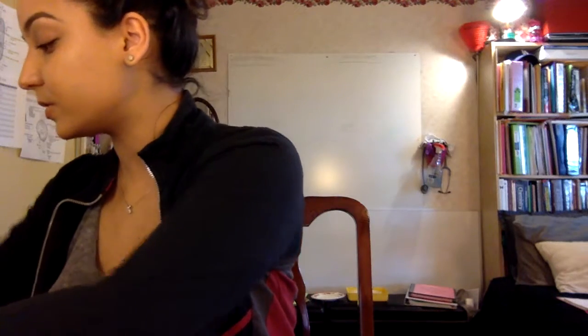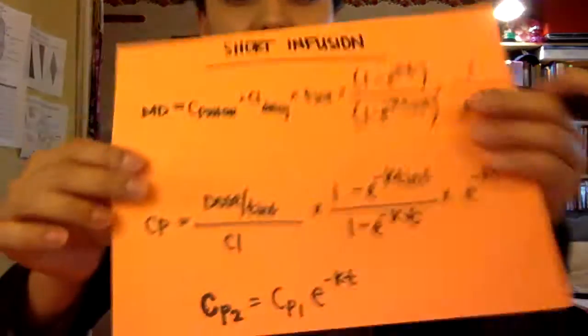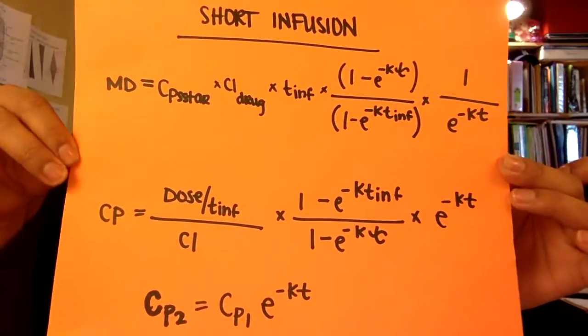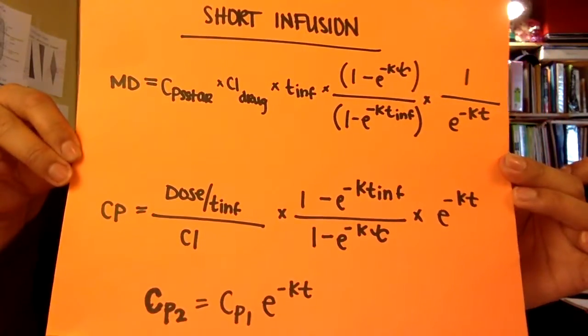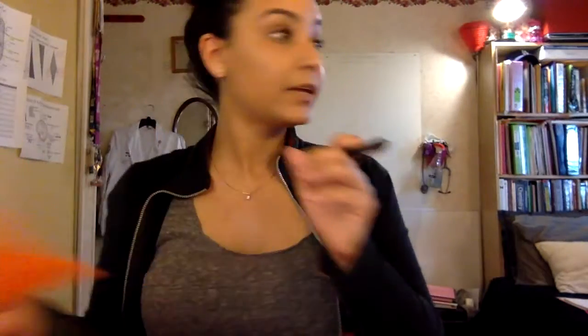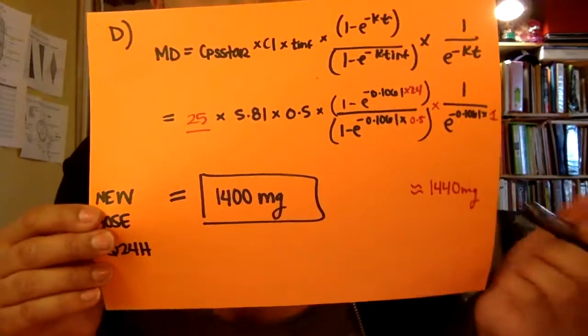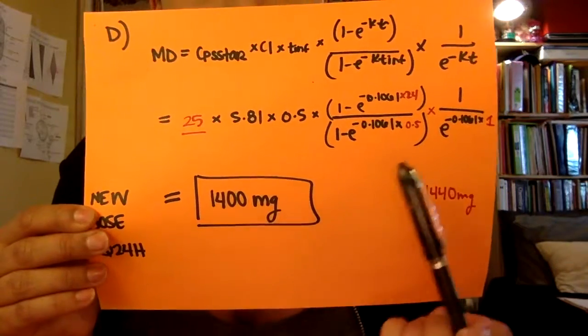The only things that are going to change when you're using that wonderful equation for the dose, the MD equation, are your target, which is your CPSS target, and your interval time. So the target's going to be 25, and then everything is the same.